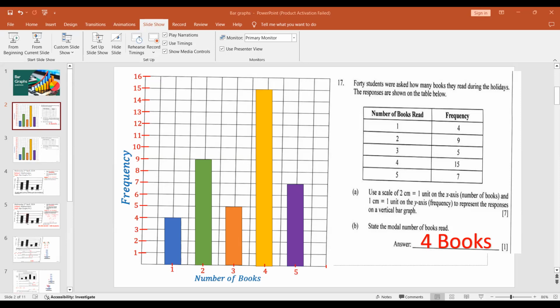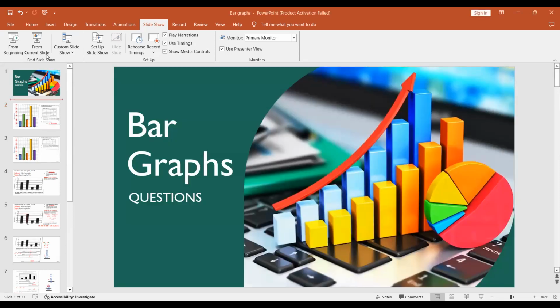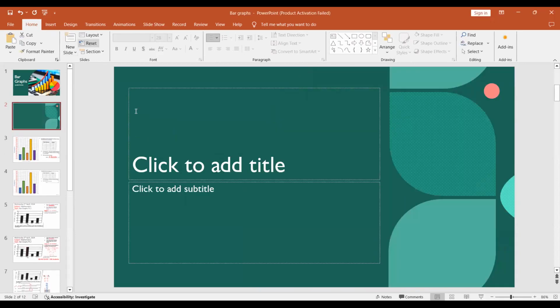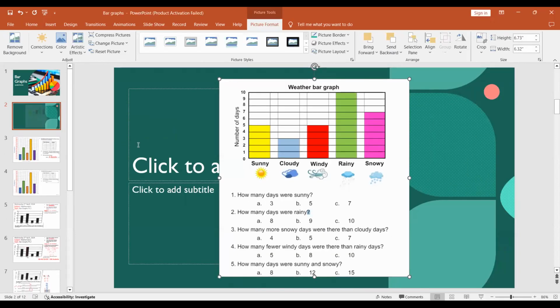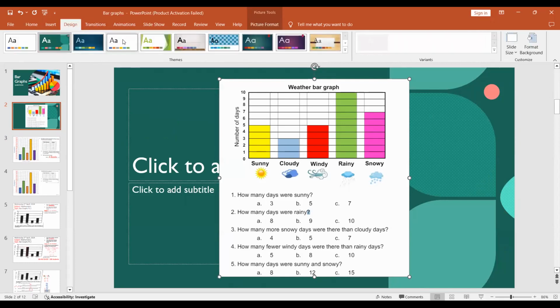This is just something we're going to do together, so that we can get a sense of how to practice bar graphs. Let me change the design on this.